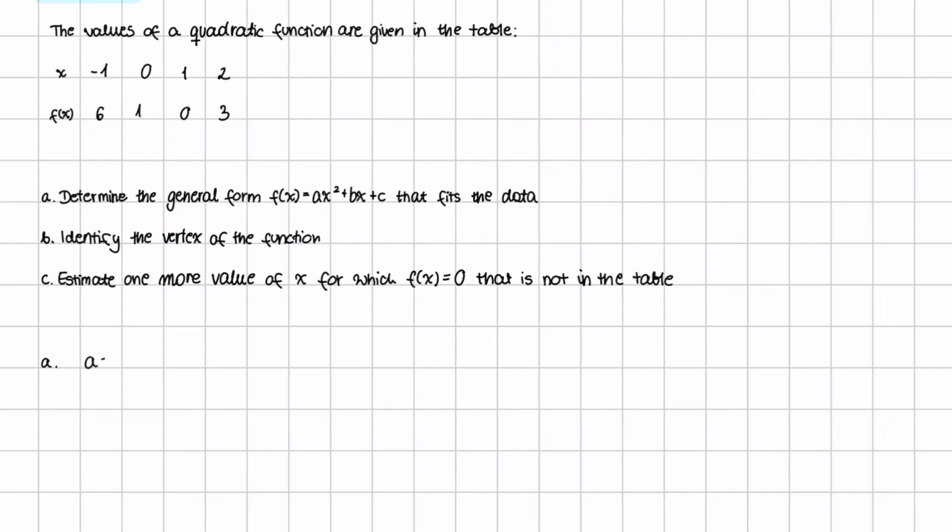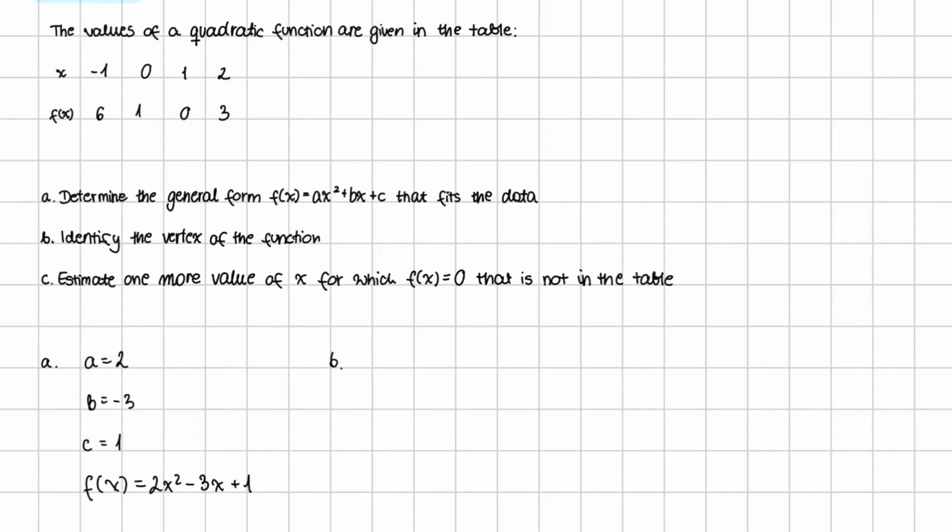So a is 2, b is minus 3, c is 1. So our function is 2x squared minus 3x plus 1. And in B, we have to identify the vertex of the function.